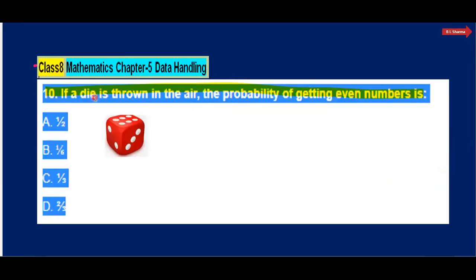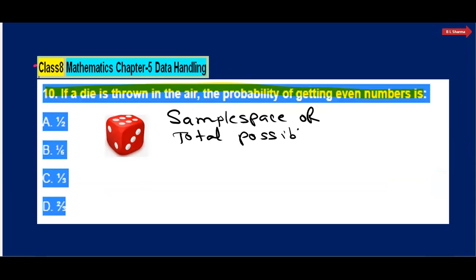Next question. A die is thrown in the air. The probability of getting an even number is, first of all, we have to find the sample space, that is also known as total possible outcomes.